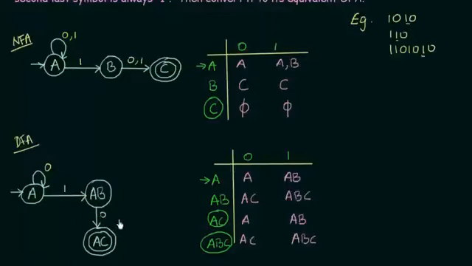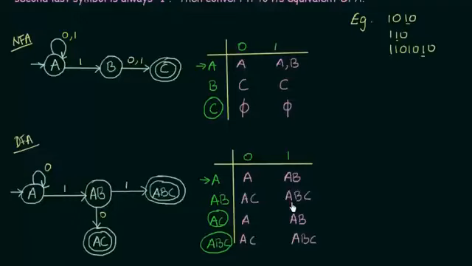Now AB on getting input 1, where does it go? It goes to state ABC. So here I'll make another state called ABC, and ABC also is a final state, so I put 2 circles around this ABC. So AB goes to ABC on getting input 1.